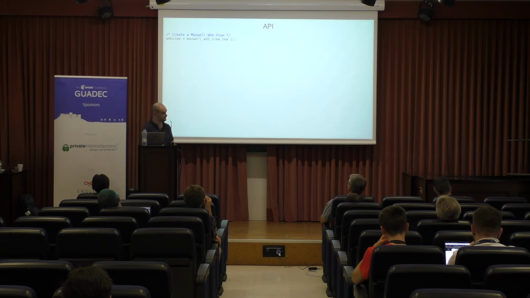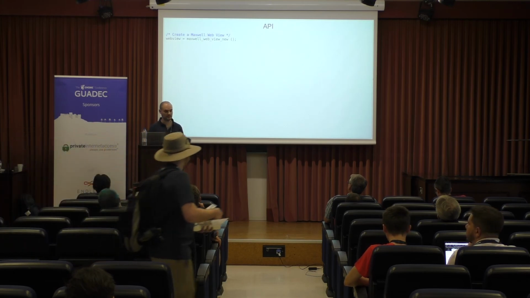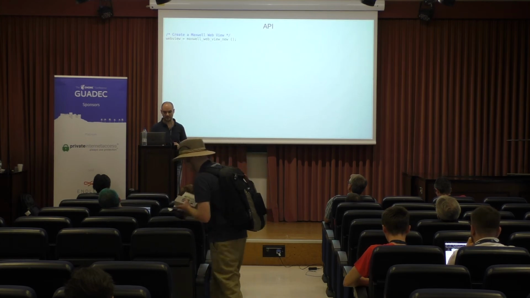Okay, so about the API, what I tried to do was make it as tiny as possible and use as many common interfaces as possible. So I came up with something that's really simple for the application developer.